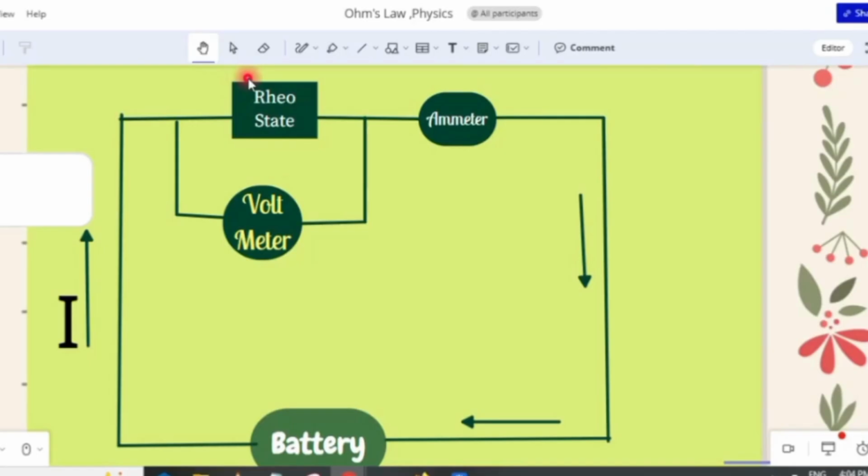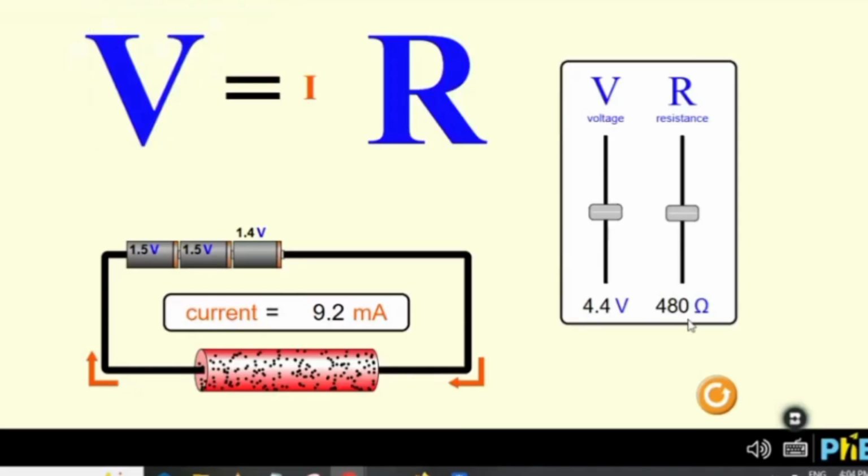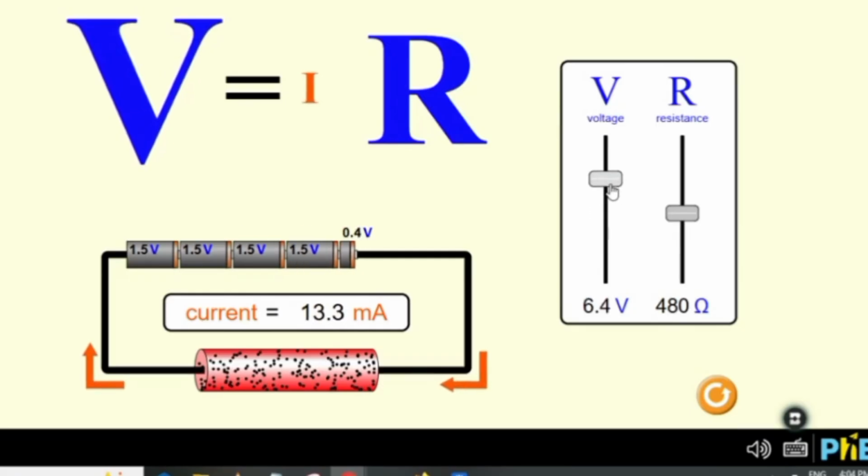then we measure the relation between voltage and current, and as we increase voltage, we can find out the current just like this. When we keep the resistance constant and we increase the voltage, we can notice that current is increasing. That is the rheostat's function.